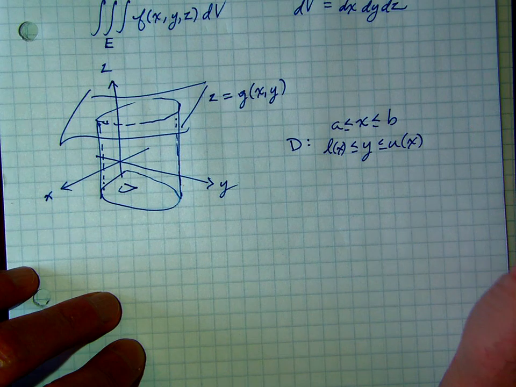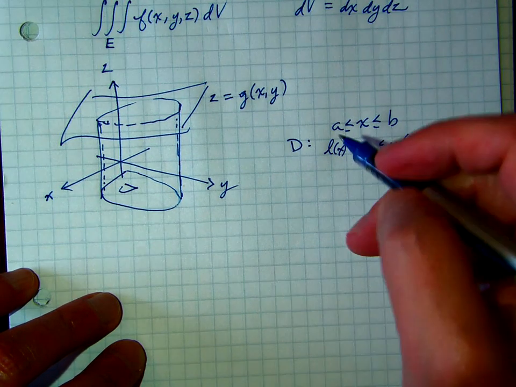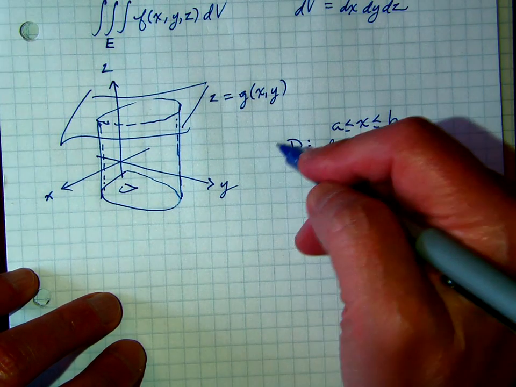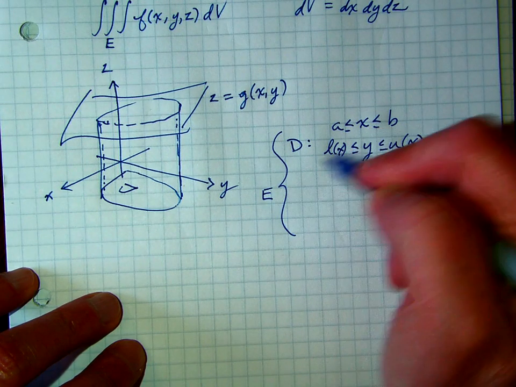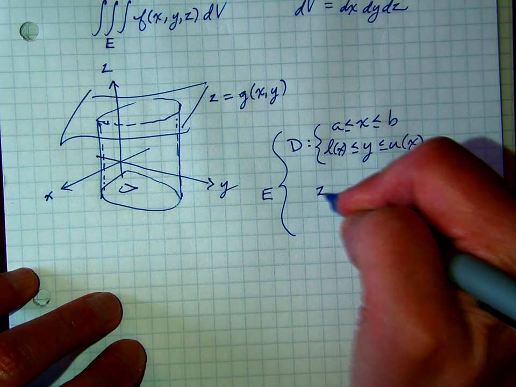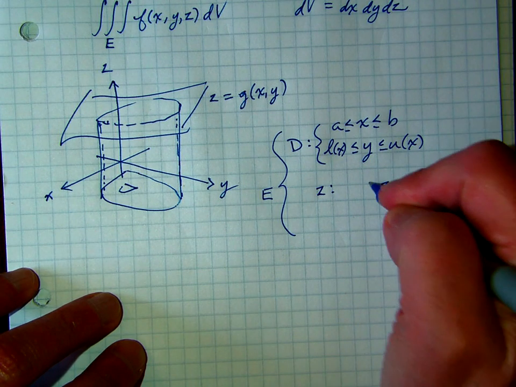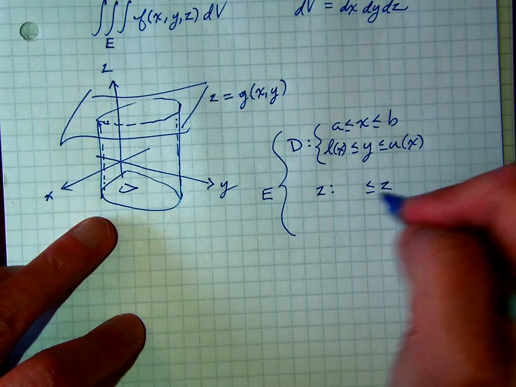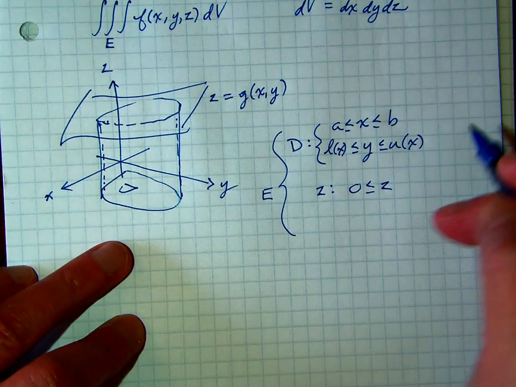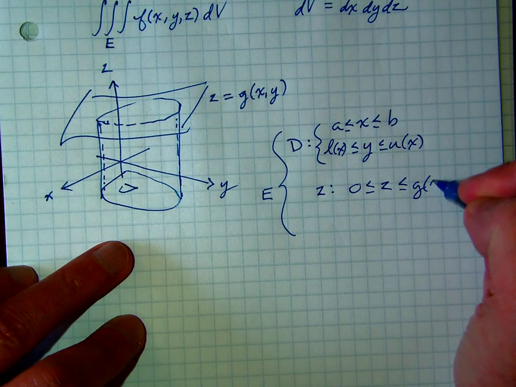So if you can take care of describing this region, the last part is E, because this is just the D part. And for the E part, you just need z. How are you going to do that? Well, z will go from, in this case, 0, from the xy plane, up to whatever this function is, G of x, y.